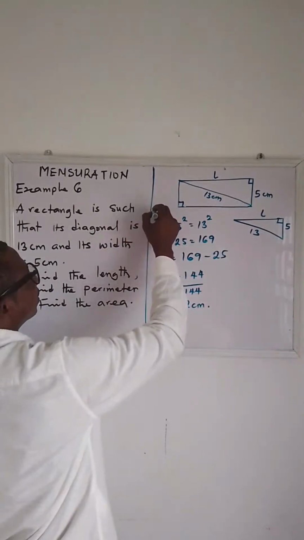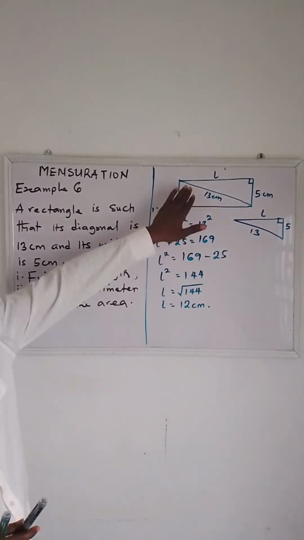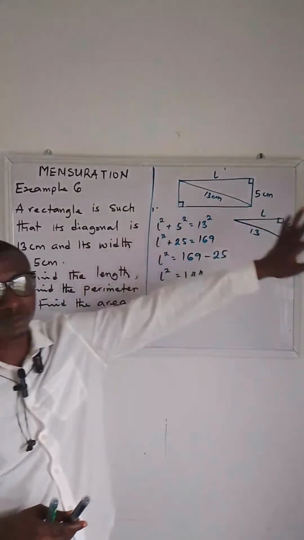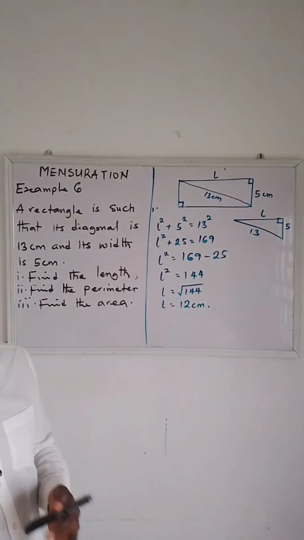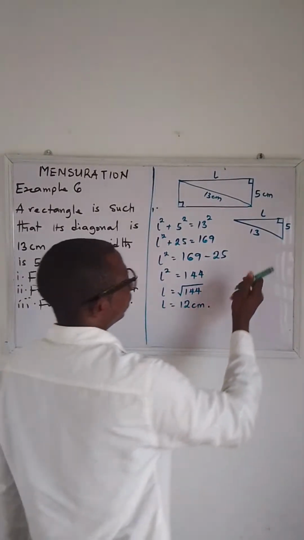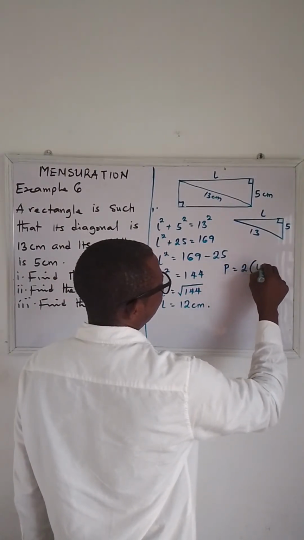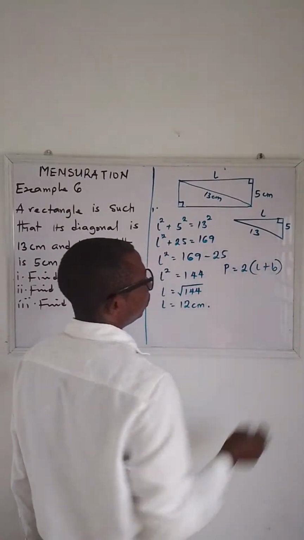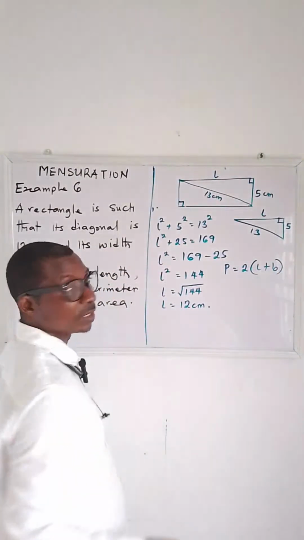Now the second part, you have to find the perimeter of this rectangle. So the perimeter is 2 times L plus breadth, or we say 2 lengths plus 2 breadths. So we have it this way. Perimeter is 2 times L plus B, where L is the length and the B is the width.